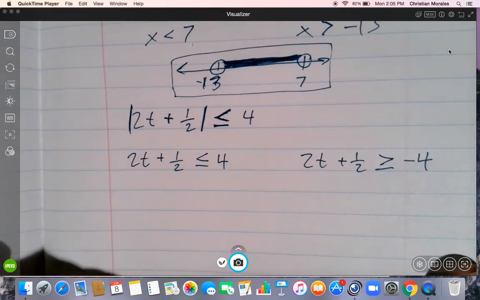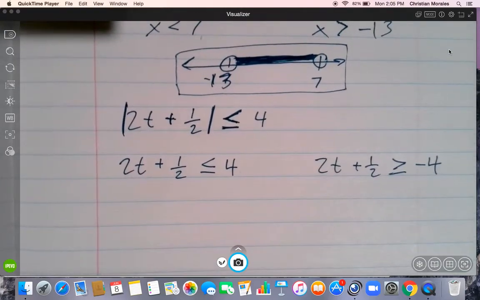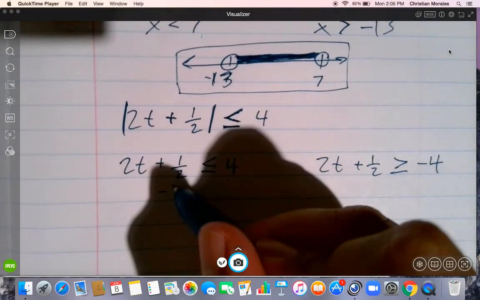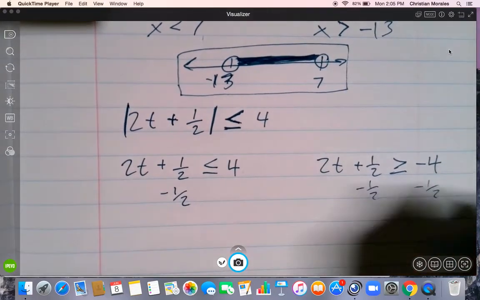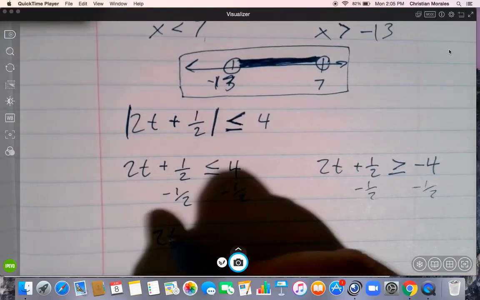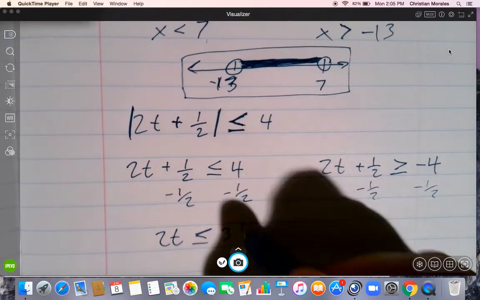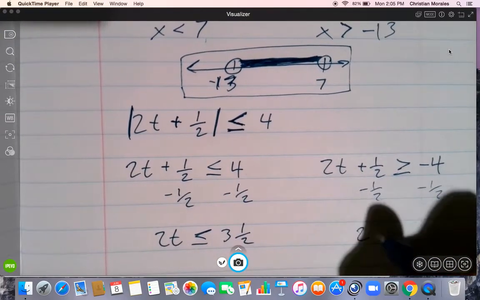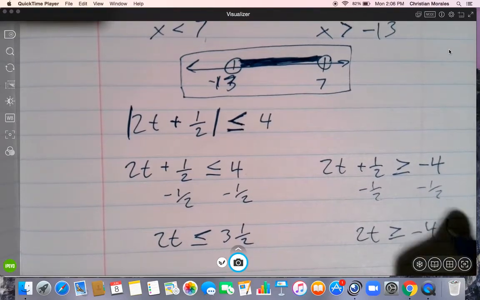So here, we're going to solve for both of these. We're going to move the 1/2 by subtracting 1/2, which you could do to both sides. Subtract 1/2. Okay, you get 2t is less than or equal to 3.5, or you get 2t is greater than or equal to -4.5.